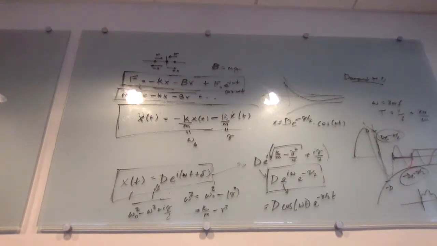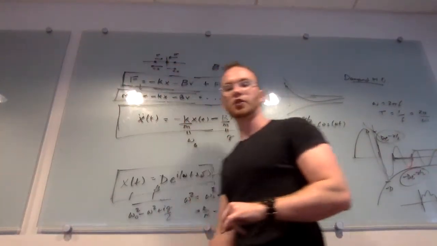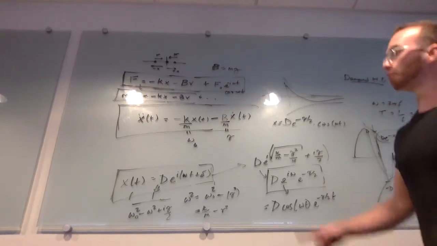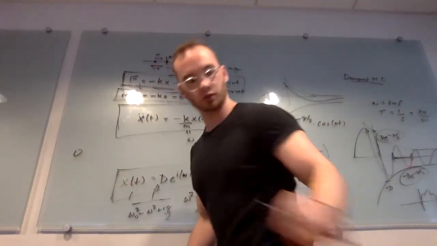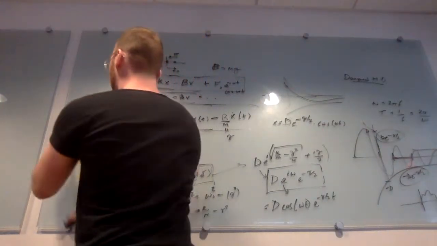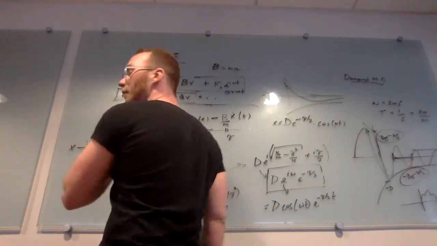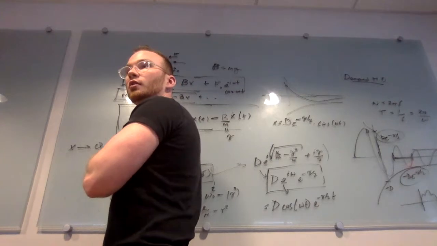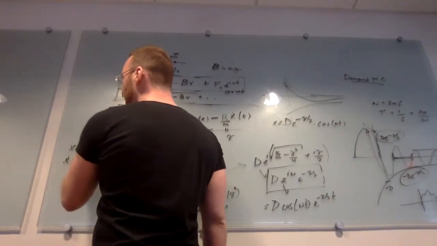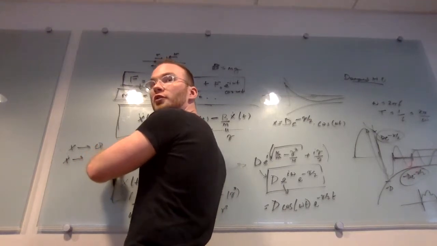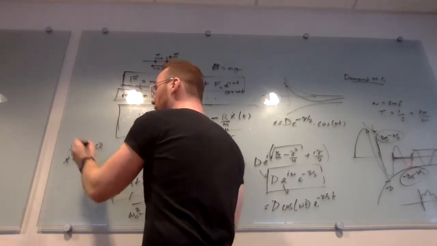So I'll just say it really quick. I'm not going to write anything about this, but 6.3, which he says not to even really read. All that chapter is saying is that if you replace position x with charge, I don't know if you remember anything about circuits, and velocity with the time derivative of charge, which is current.